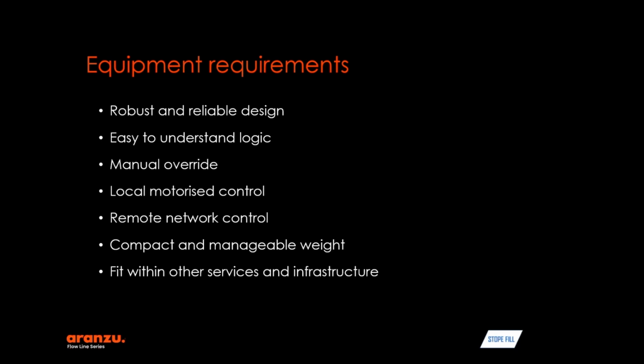They also need to have motorised control in normal operations that can be operated from the paste plant control room, with the manual override for power outage or network outage. Needs to be compact and have manageable weight for installation, preferably on the backs to enable ease of flushing and avoid low points, and also needs to have compact size to fit in amongst the other services within the mine workings.